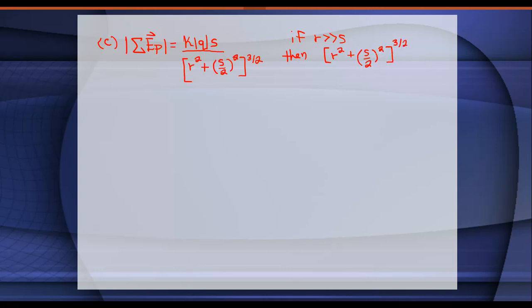If R is huge and S is small, then it'd pretty much be R squared plus some really, really tiny number.